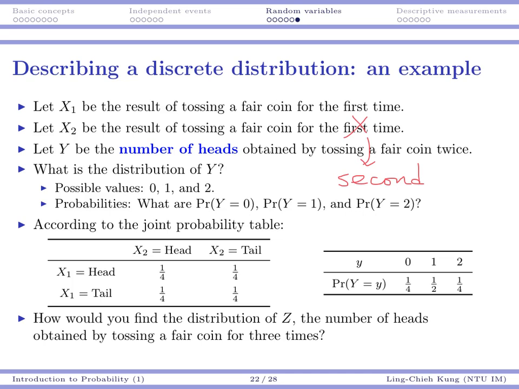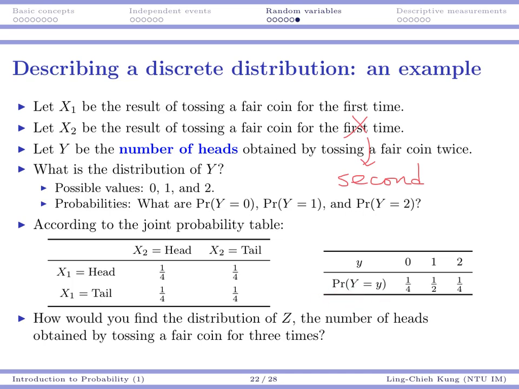And also for x2 to be head and x2 to be tail, that's also 1/2 and 1/2. So for each entry here, we multiply 1/2 with 1/2 to get the joint probability. The joint probability for two heads is 1/4. The joint probability for tail and head is also 1/4, and so on. And then we may get our probability distribution of y.